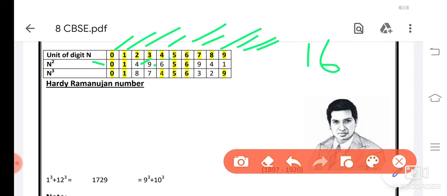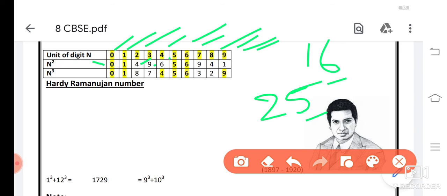In 16, 6 is in the unit place, so I wrote 6. Then 5 fives are 25. In this 25, 5 is in the unit place, so I wrote 5. 6 sixes are 36, 7 sevens are 49, 8 eights are 64, 9 nines are 81.